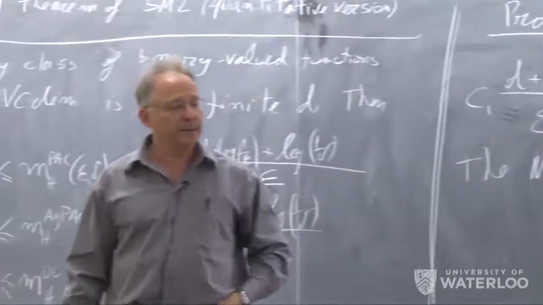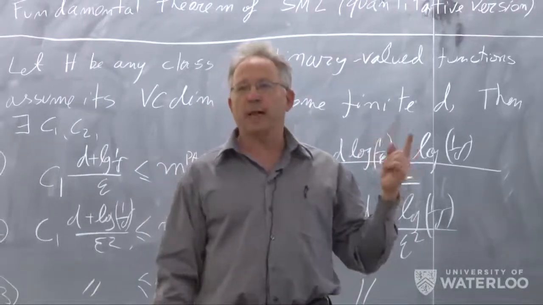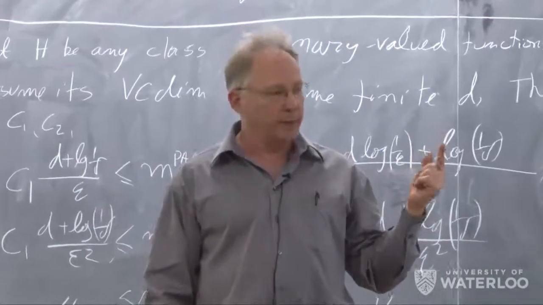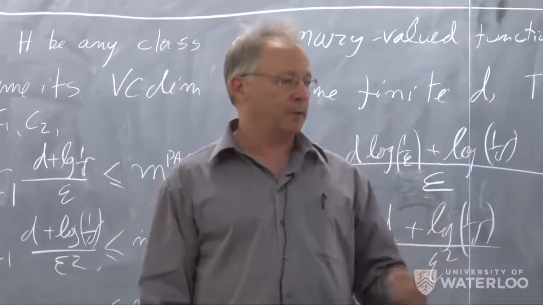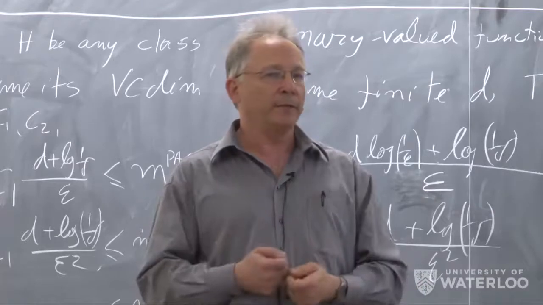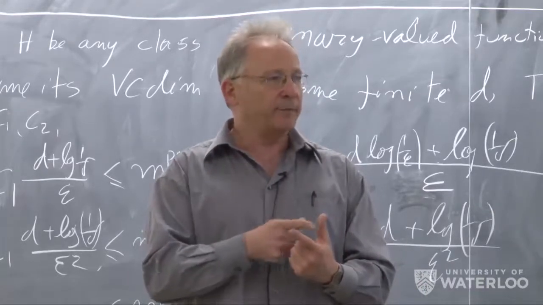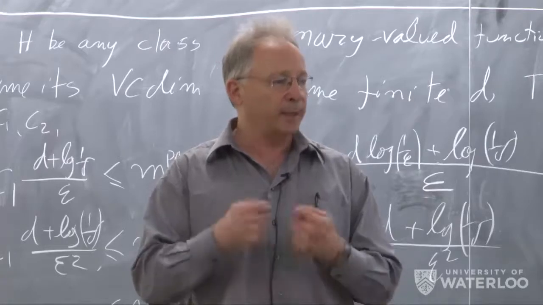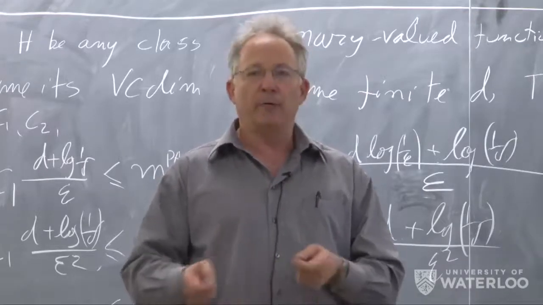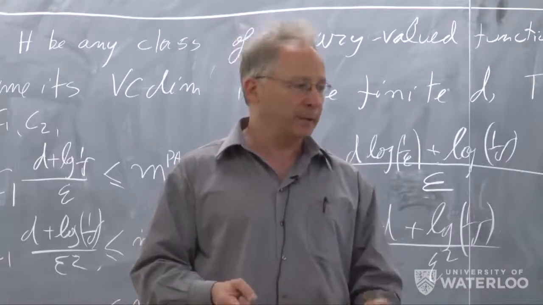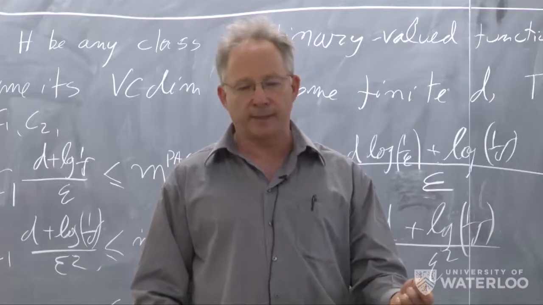How does delta fit into this proof? That's a good question. All I was talking about here is the expected error. In assignment 1 you have a question that shows there is a very tight relationship between the expected error and the epsilon delta. I left this translation from expected error to epsilon delta for you as part of the assignment.